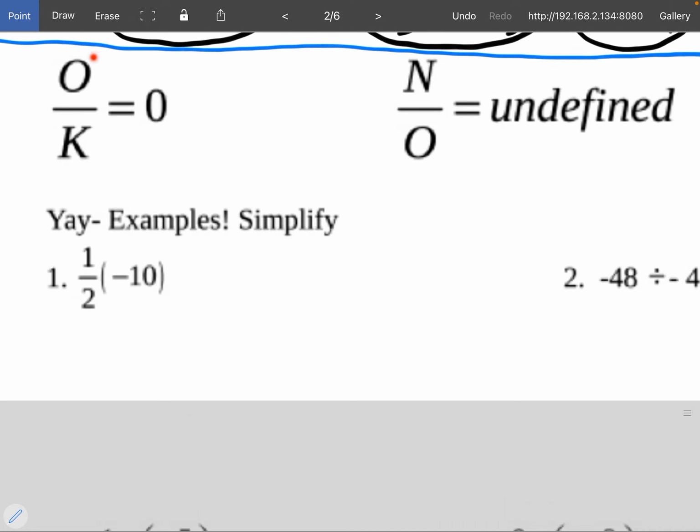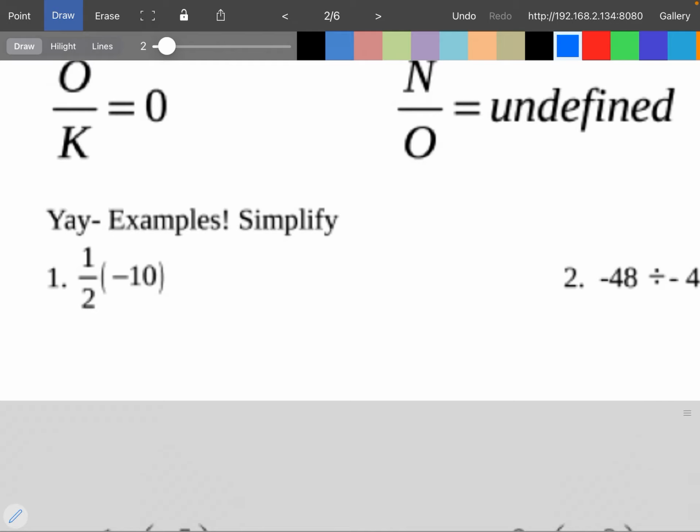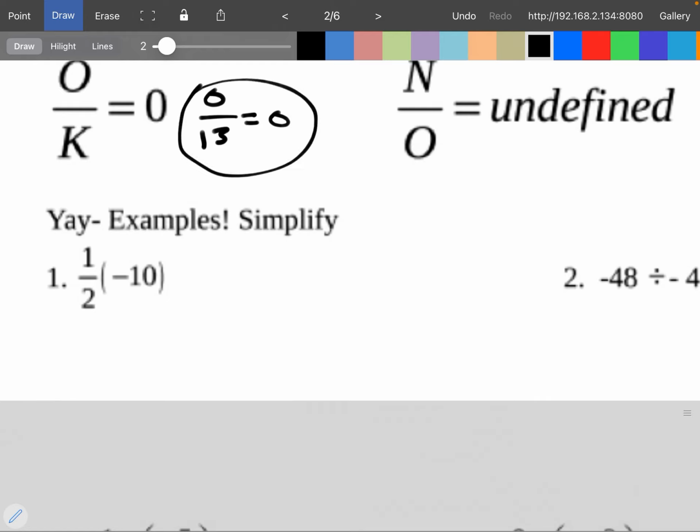And what they're trying to say is 0 divided by any number. So what's 0 divided by any number? Yeah, 0. So for example, if you had 0 over 13, you're going to get 0. So 0 divided by any real number is always 0.